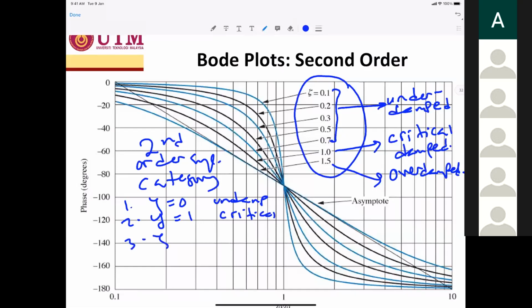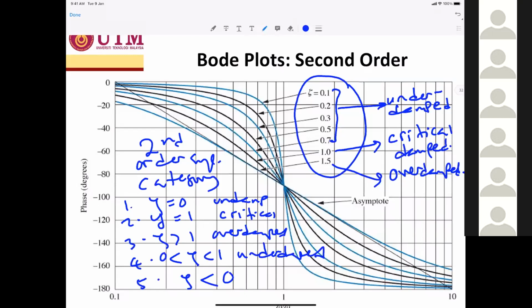Number 3, zeta greater than 1, overdamped. Number 4, zeta is between 0 and 1, underdamped. And number 5, zeta is less than 0. This is what category? Negative damping.